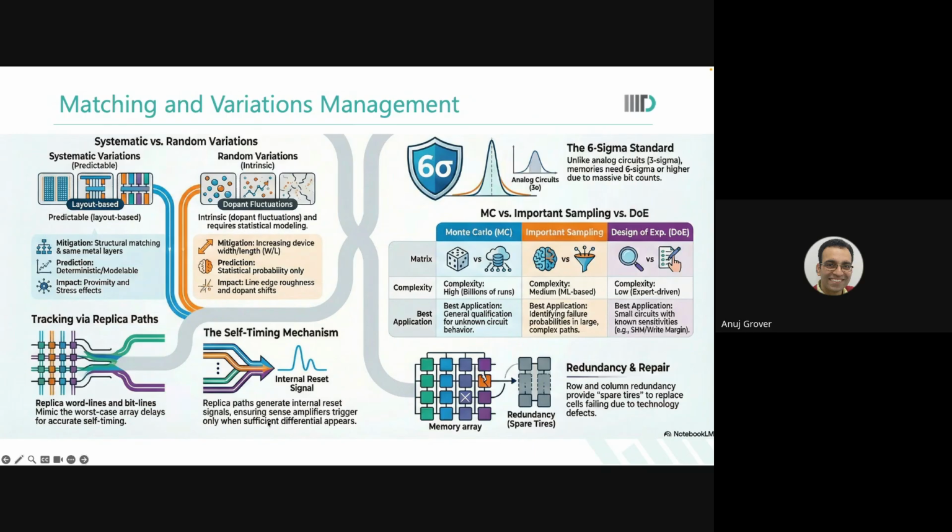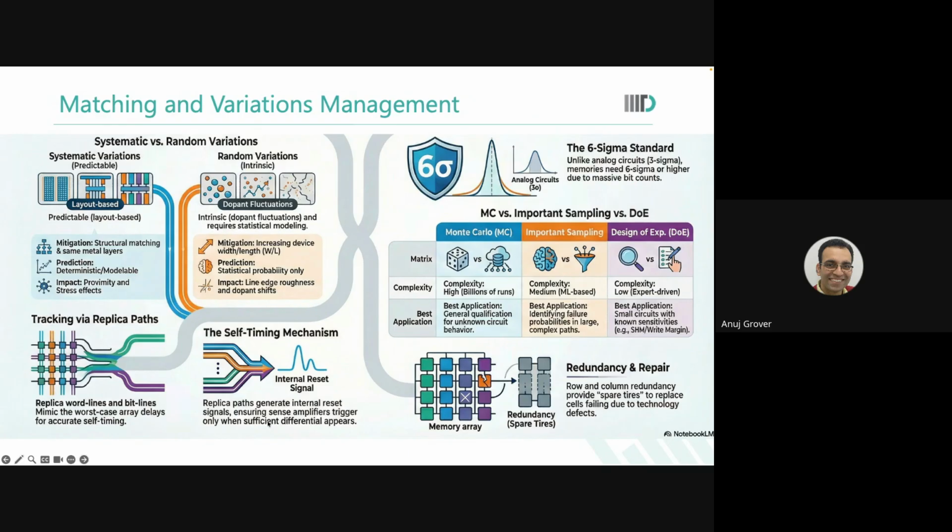So when we are talking about the capability of a process, we are not talking about the statistics of memory. We are talking about statistics of these test structures which come in scribe lines. That is why Cp and Cpk are qualified at process space. Are you able to see this?